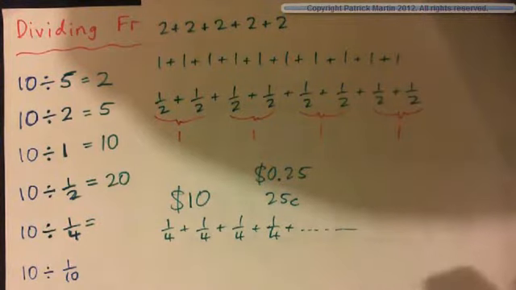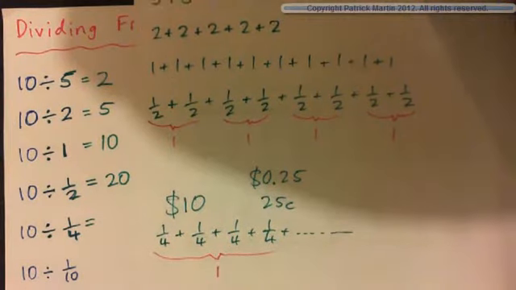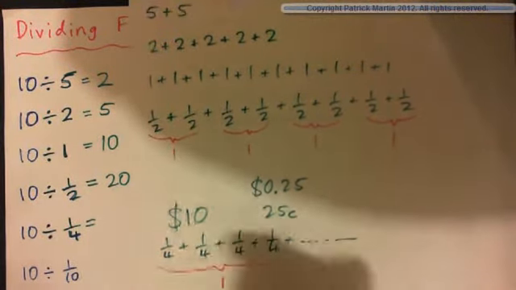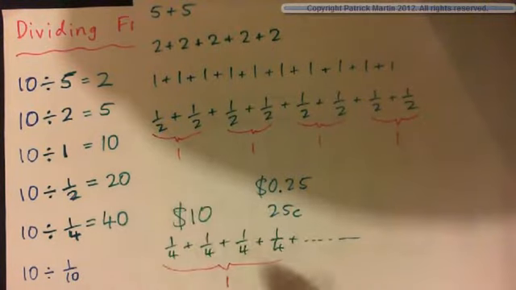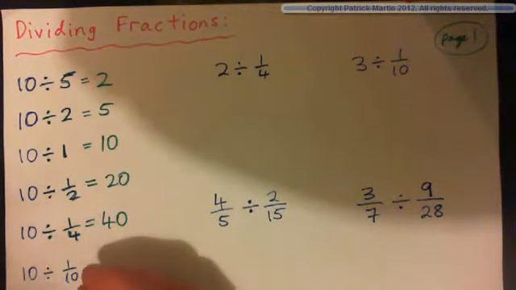Well, there's 4 quarters in $1, right? Another 4 quarters gives you $2, so there's 8 quarters in $2. And so on. So in $10 there's 40 quarters, right? In any case, how about dimes? 10 divided by 1/10.